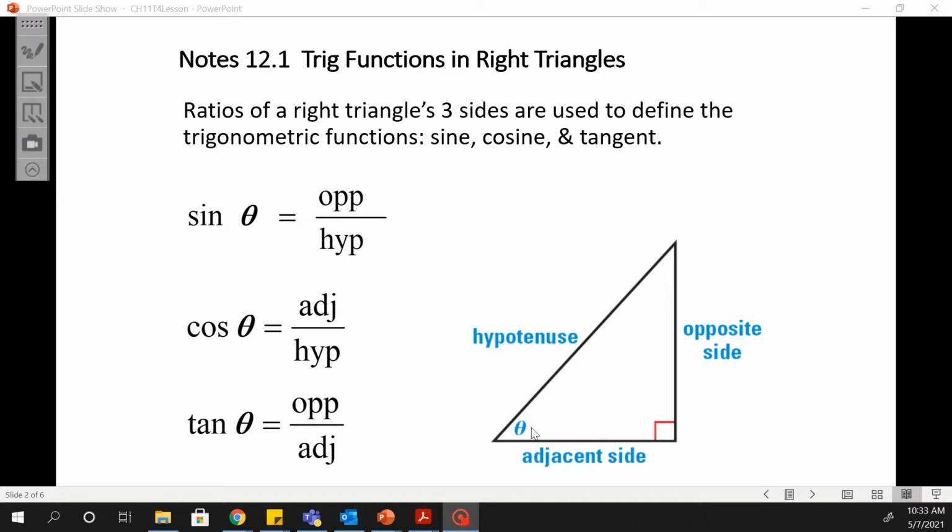Taking the cosine of that angle will provide you with the ratio of the adjacent side over the hypotenuse. And taking the tangent of that angle will provide you with the ratio of the opposite side over the adjacent side.